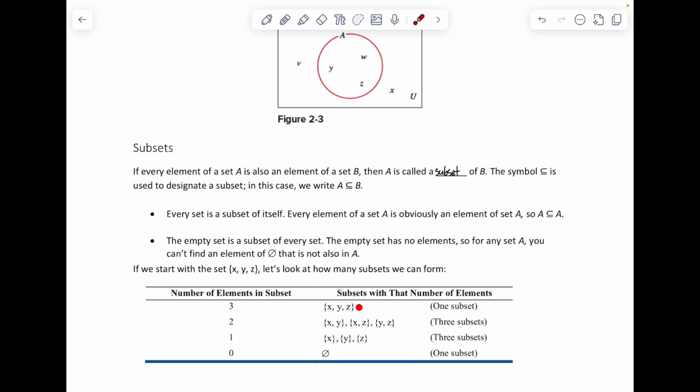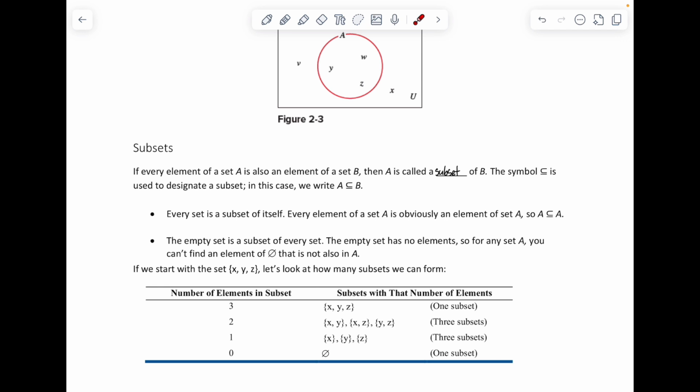Well, there's only one, and that's the set itself, right? The set X, Y, Z. So there is one subset that contains 3 elements. How about 2 elements? Okay, there are 3 subsets of the set X, Y, Z that have 2 elements. The sets XY, XZ, and YZ.